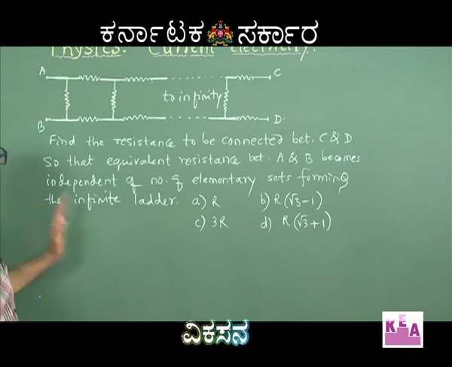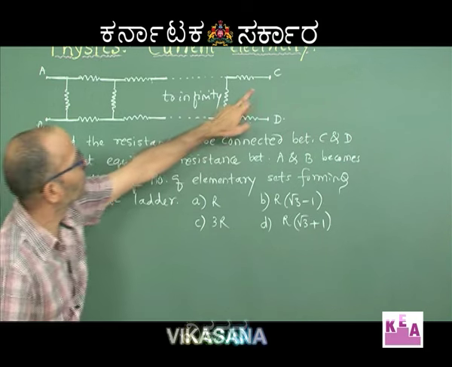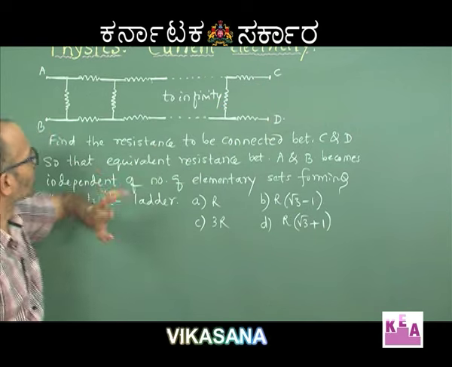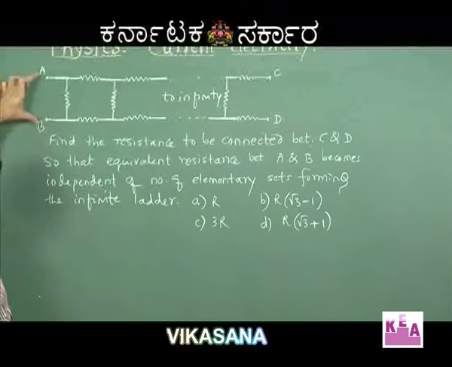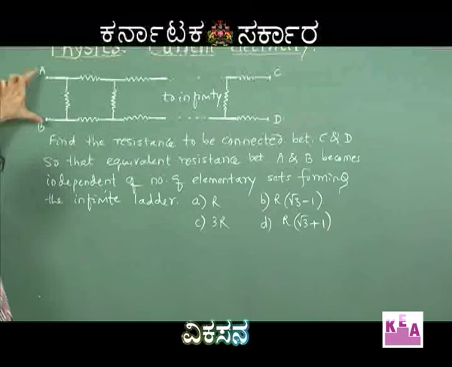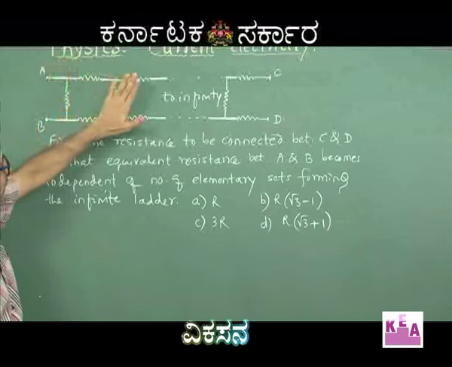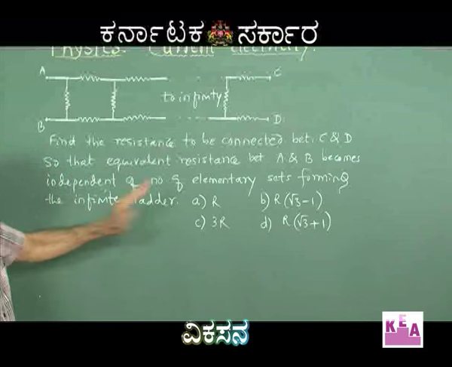Fine. So, this is an infinite ladder network. Find the resistance to be connected between the points C and D so that the equivalent resistance between A and B becomes independent of the number of elementary sets forming the infinite ladder.